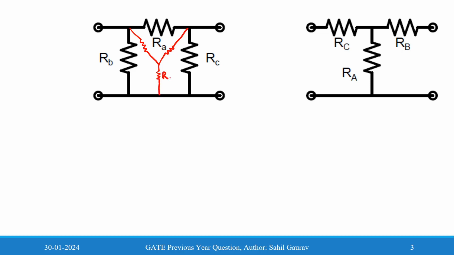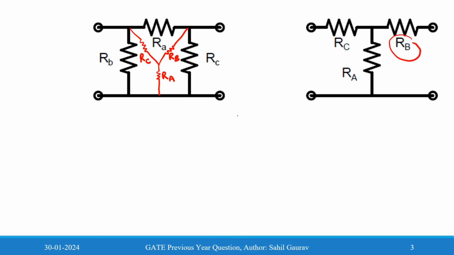This is RA in the star, this is RB, and this is RC. Before multiplying by k in the delta connection, we take one value. Let us take this RB value, because small and capital letters may confuse you.